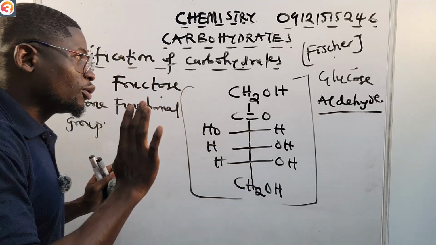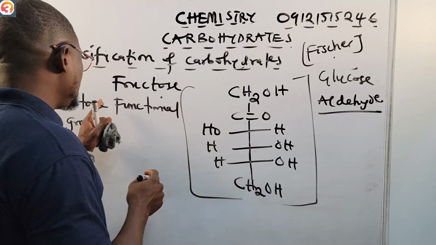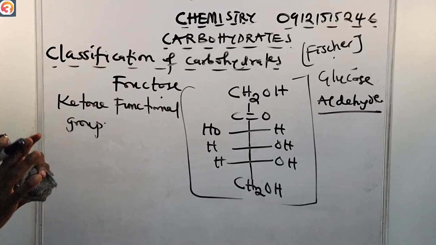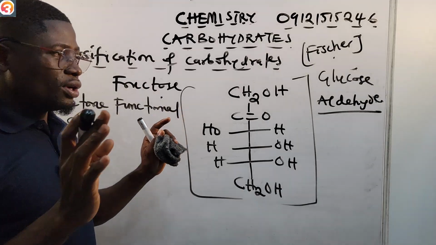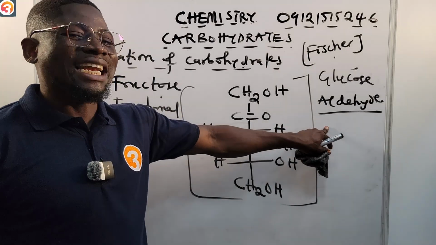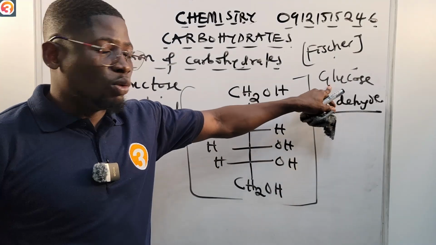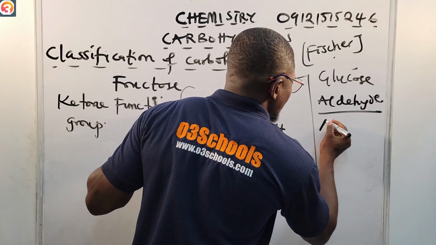Glucose has 6 carbon atoms, and fructose has 6 carbon atoms. They both have 6 carbon atoms, and that is why we call glucose an aldohexose.